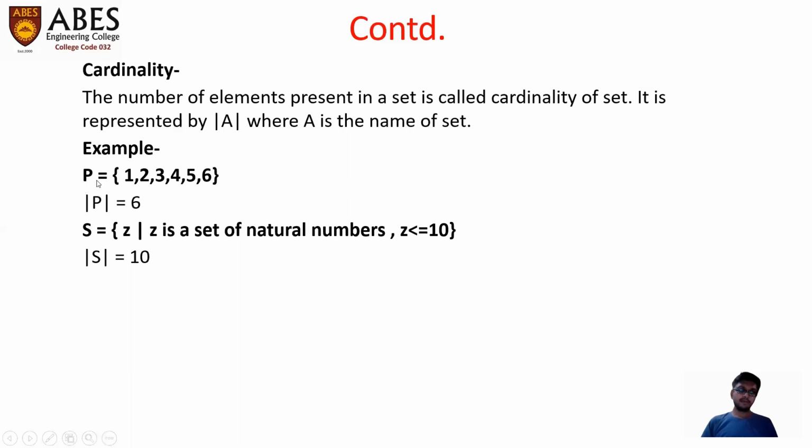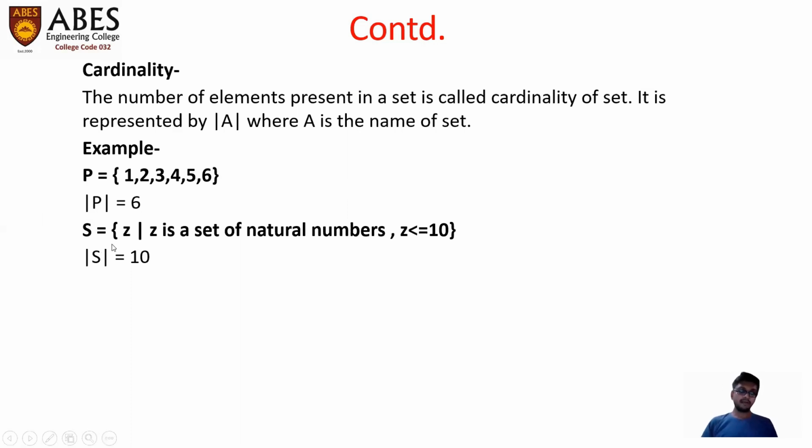Here the example is set B, in which the elements are 1, 2, 3, 4, 5, 6. If we count the elements, the total count is 6. So the cardinality will be 6, and it is represented as mod of B is equal to 6, where B is the name of the set.